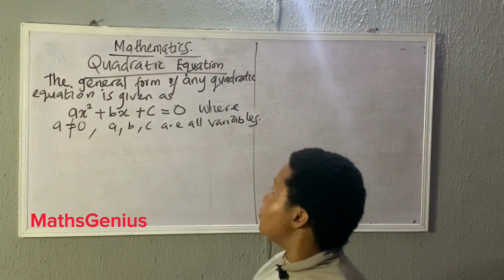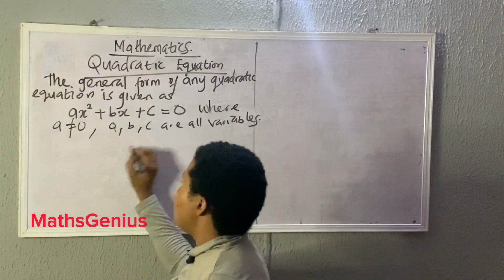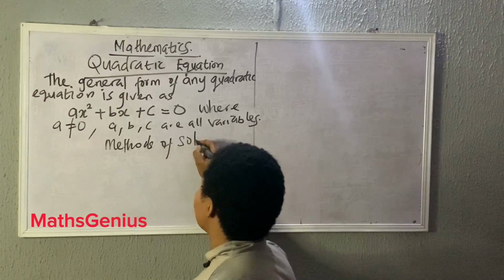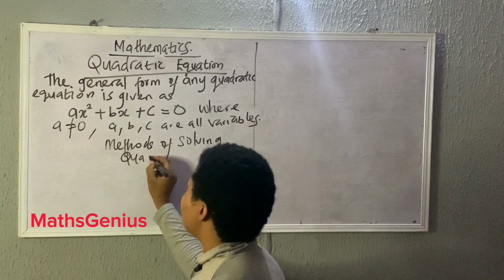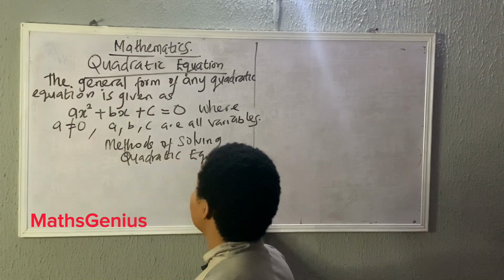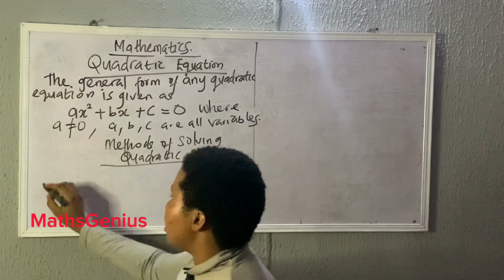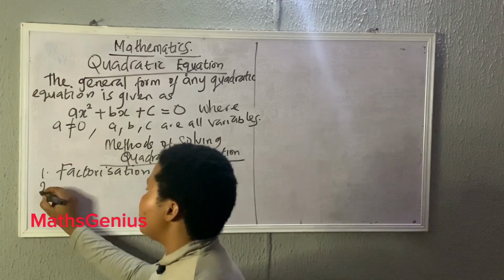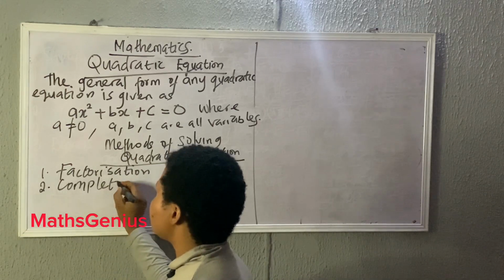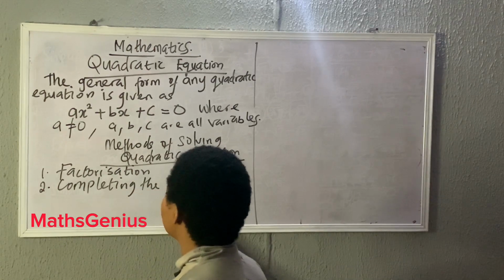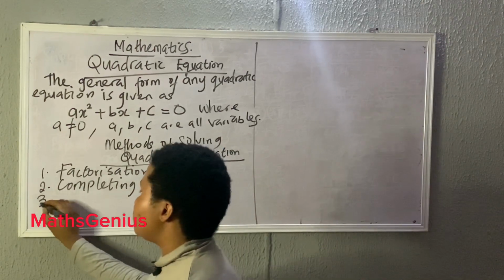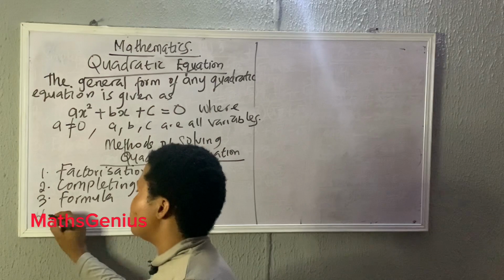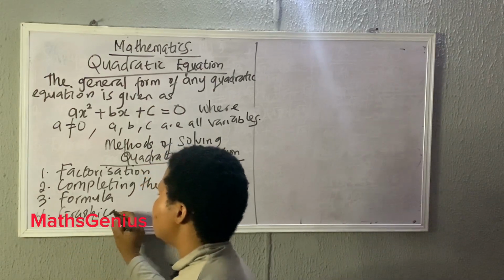Now let's talk about the types of ways of solving quadratic equation. We have different methods of solving a quadratic equation. So we'll be talking about the first method today. We have the factorization method, we have the completing the square method, we have the formula method, and we have the graphical method.